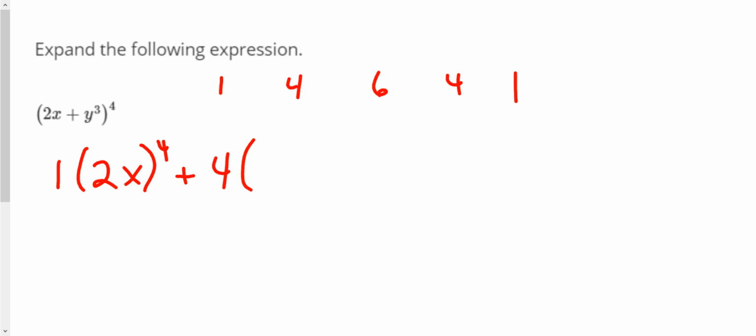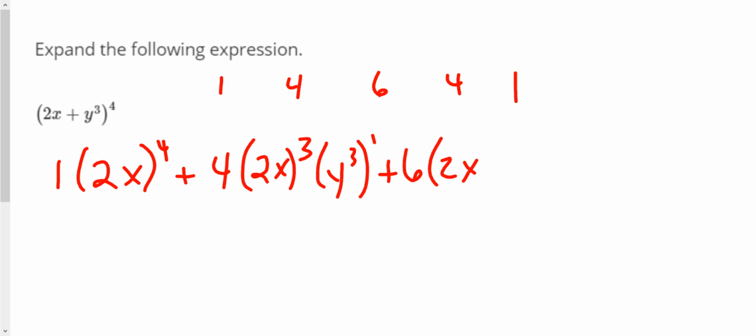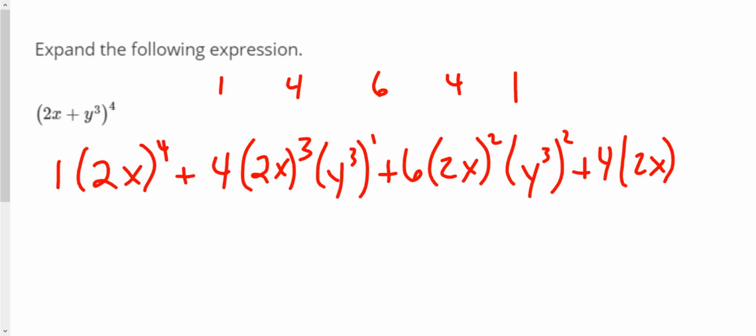Then we're going to have 4, and then you'll have 2x to the third, and then y to the third to the first, plus 6, 2x to the second, y to the third to the second, plus 4, I'm running out of room here, 2x to the first, y to the third to the third, and then finally at the very end, I'll just sandwich that right down here, plus 1, and then the x is going to be to the 0, so I'll just leave that off. We'll have y to the third to the fourth.